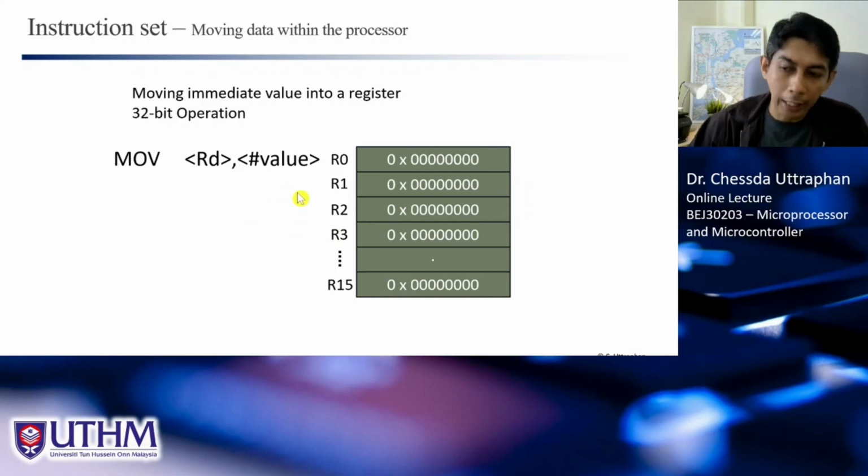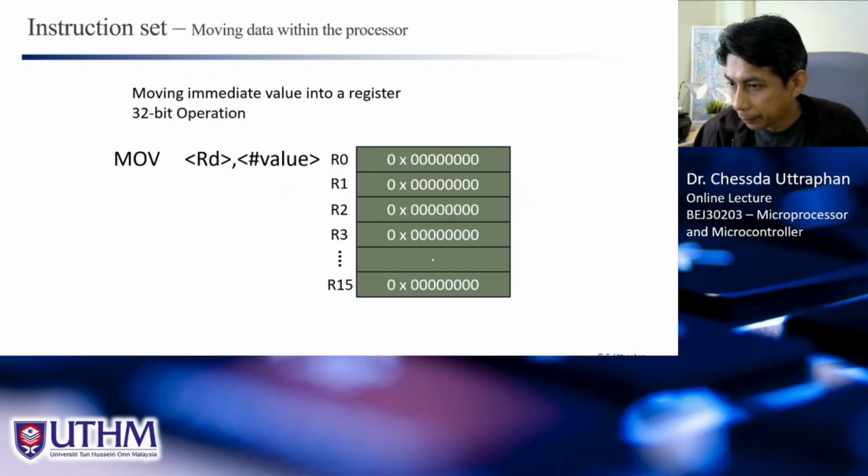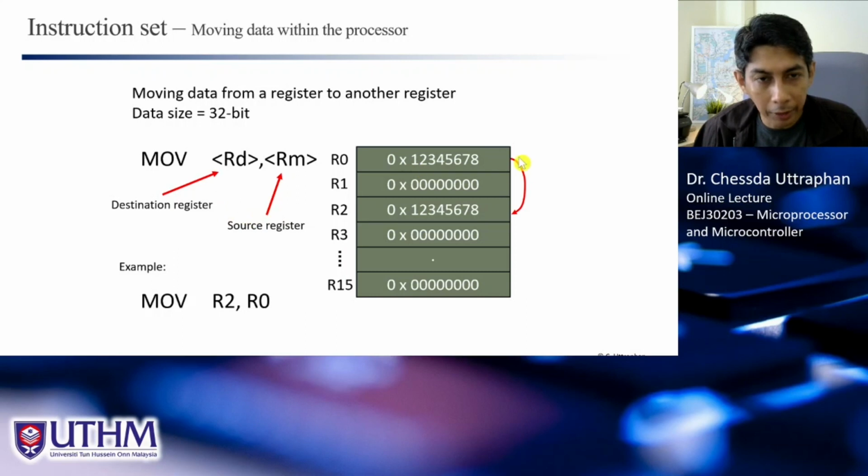Now the next instruction is to insert a number from the outside. Before this, the number is inside the microprocessor already. We want to move the data within the microprocessor.